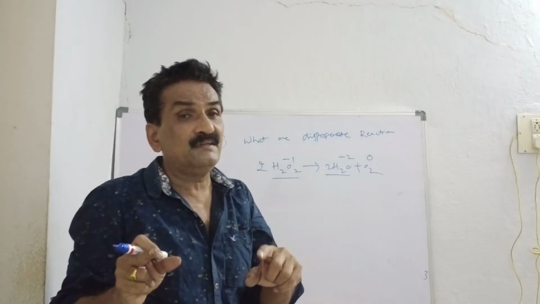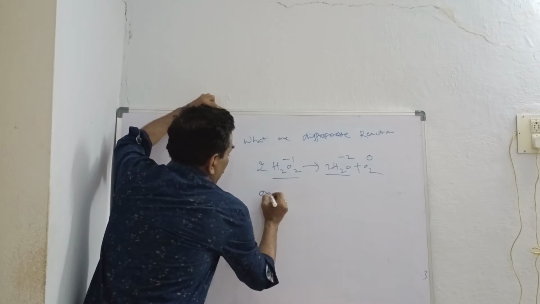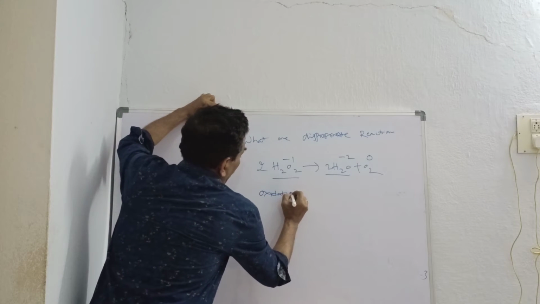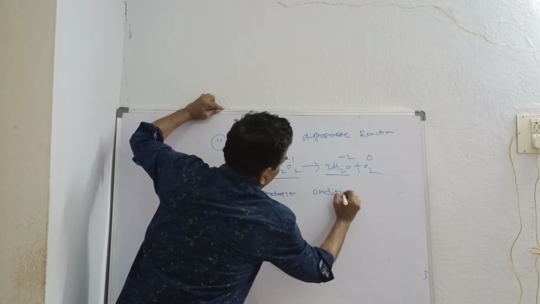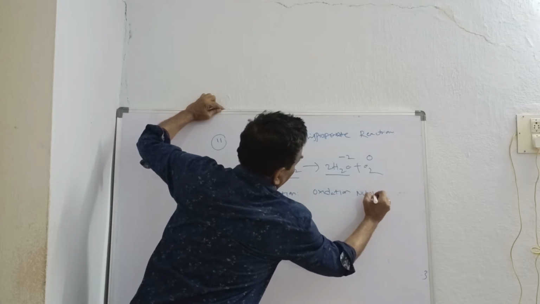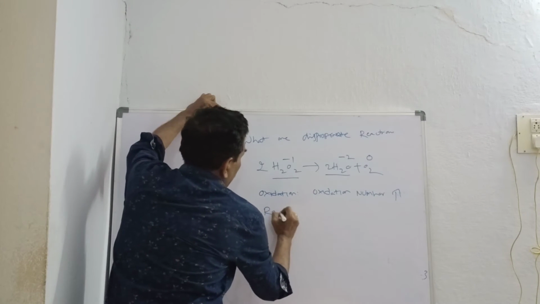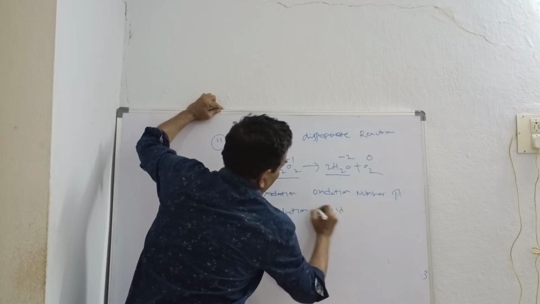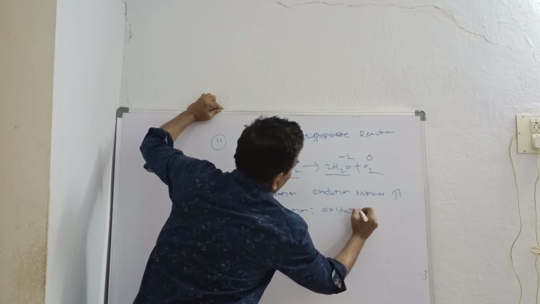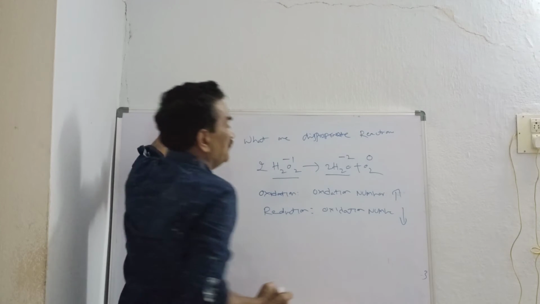What is oxidation? If the oxidation number increases, that is nothing but oxidation. Reduction: if the oxidation number decreases, that is nothing but reduction.